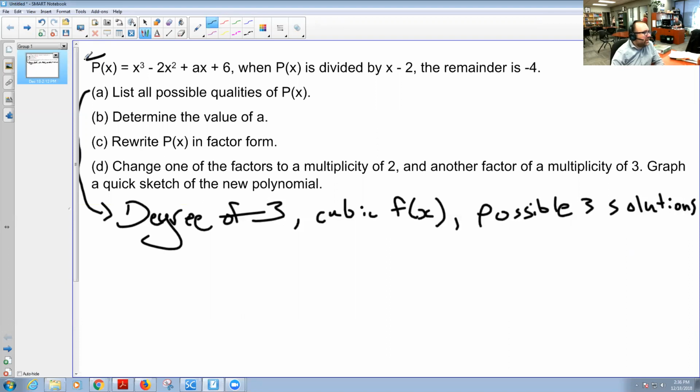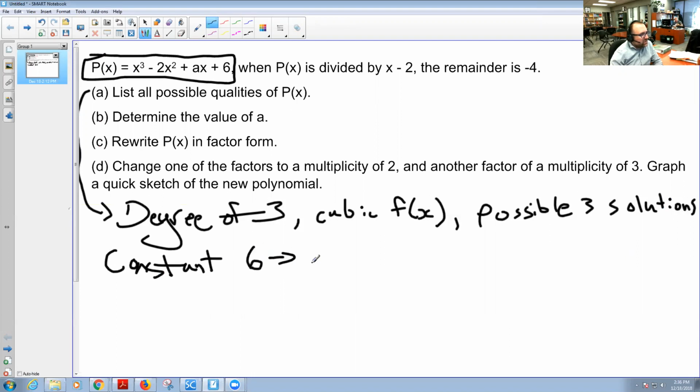Why don't we actually write this into a Desmos activity to see what the a value can actually be, to help us on here. But before we do that, you should also see that the constant is 6. So the y-intercept of this graph is going to be (0, 6).